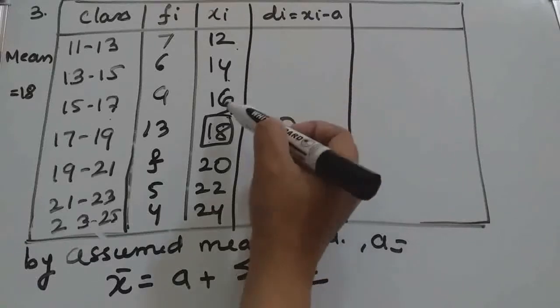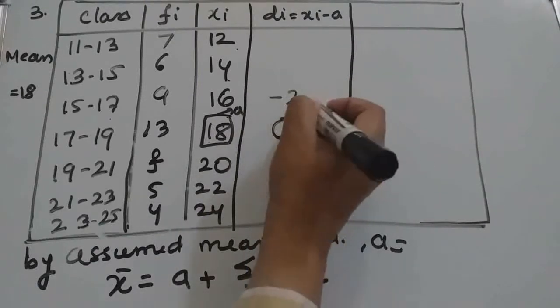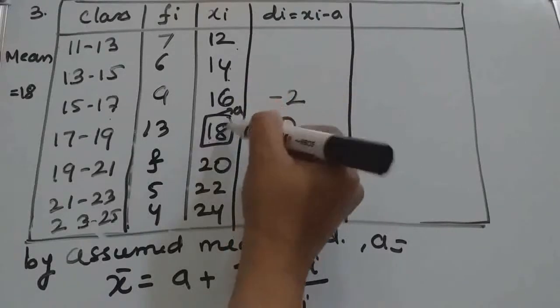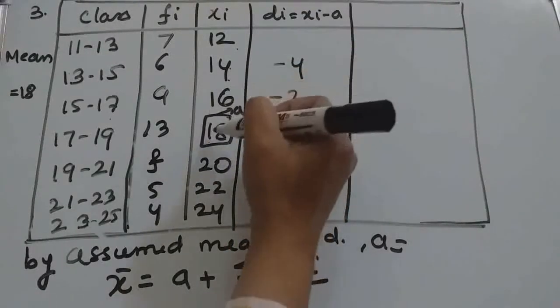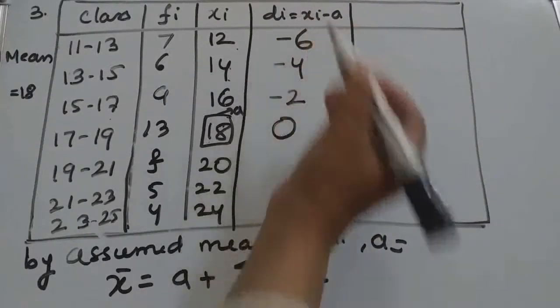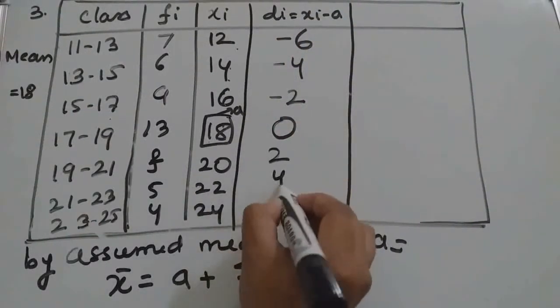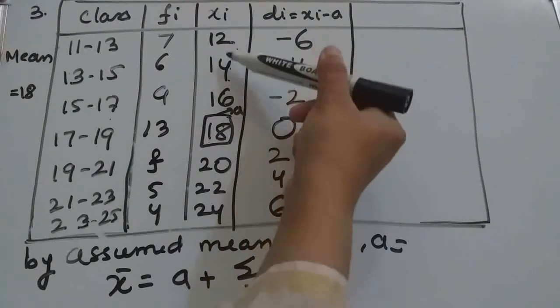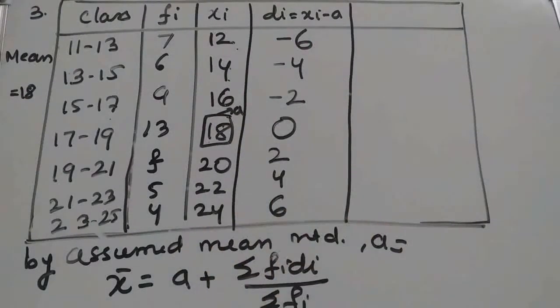Now 16 minus 18 means minus 2, 14 minus 18 means minus 4, 12 minus 18 means minus 6. So minus 2, minus 4, minus 6 will come, and plus 2, plus 4, plus 6 will come, because in the class mark there is a difference of 2. So it will be in di.